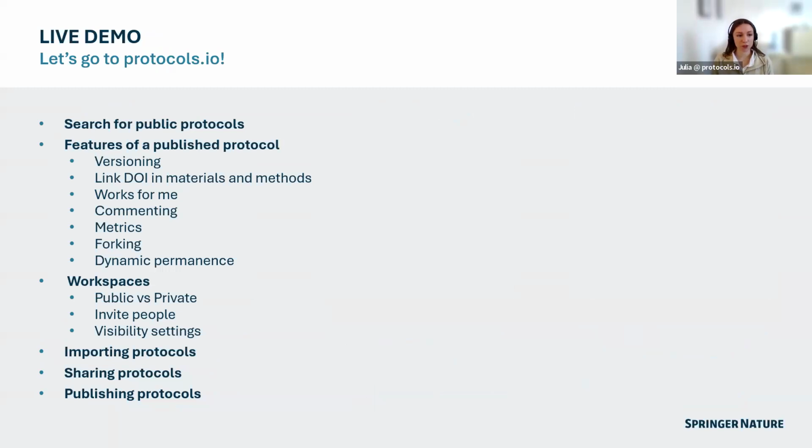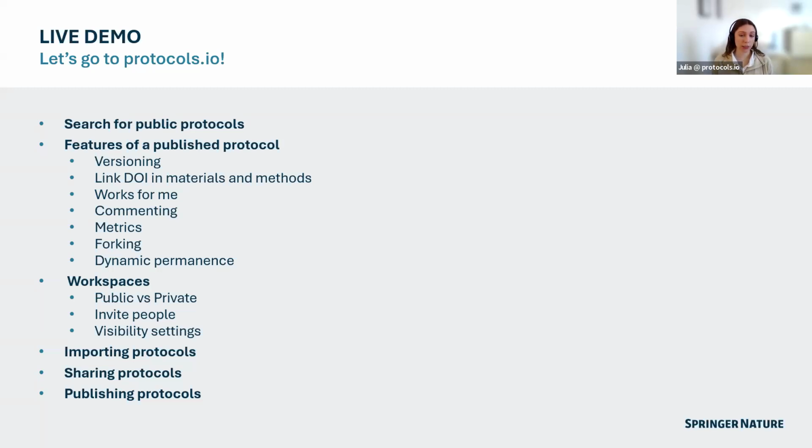So let's go to protocols.io. These are some of the things that I'll be covering in the platform. I'll show you how you can search for public protocols. I'll show the features of a public protocol, so the versioning, the DOI, forking, commenting, metrics.